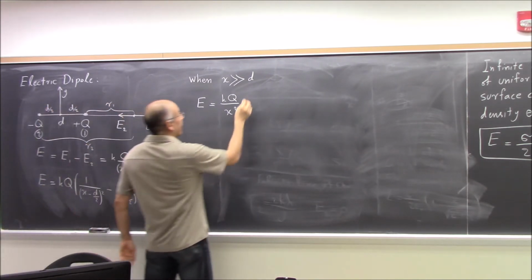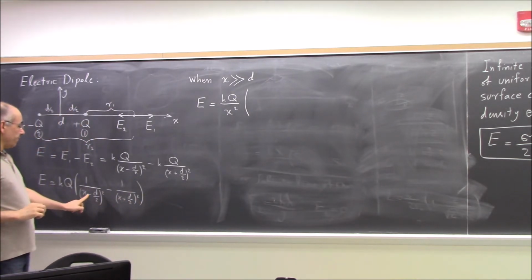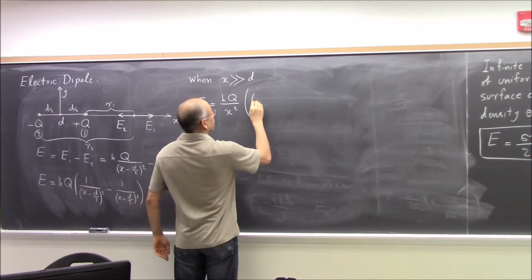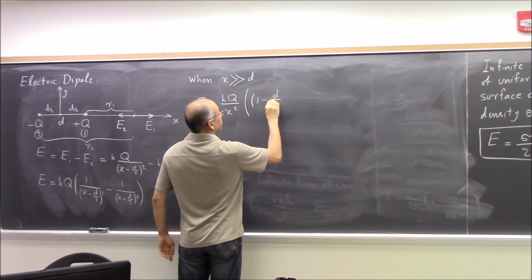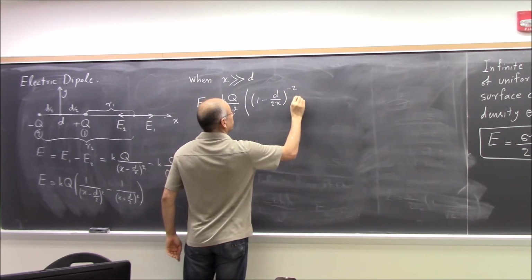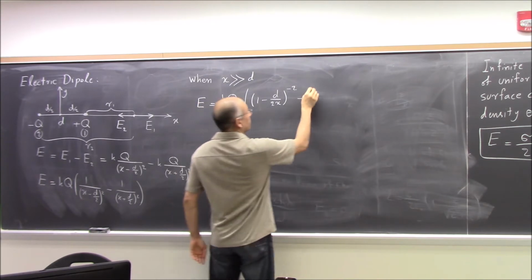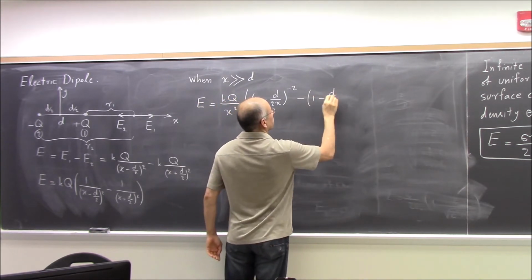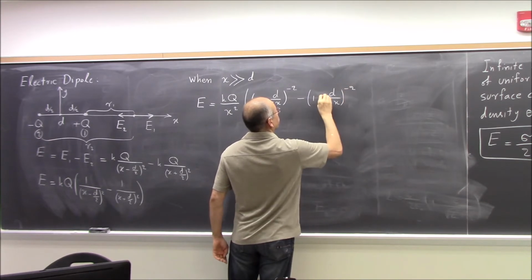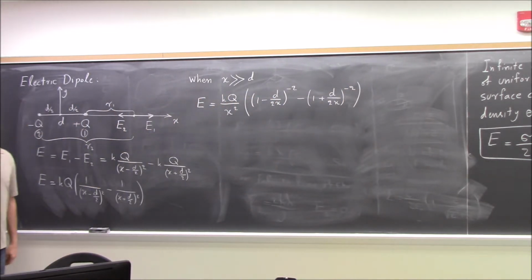And then what I have will be 1 minus d over 2x to the power negative 2, minus the same thing, 1 plus d over 2x to the power negative 2, right?